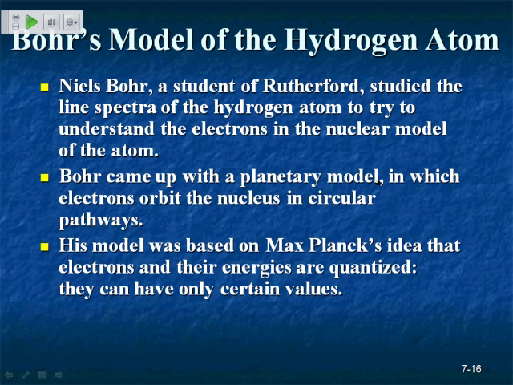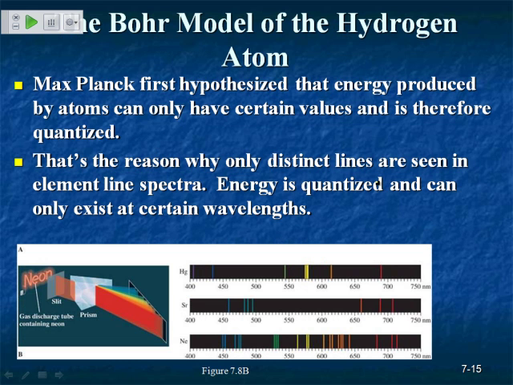Now, this model was based on Max Planck, another German scientist, whose idea was that electrons and their energies are quantized and therefore can have only certain values. I'm going back to the slide which we didn't discuss. Before Bohr started this analysis, Max Planck hypothesized about the energy produced by atoms when they are heated.